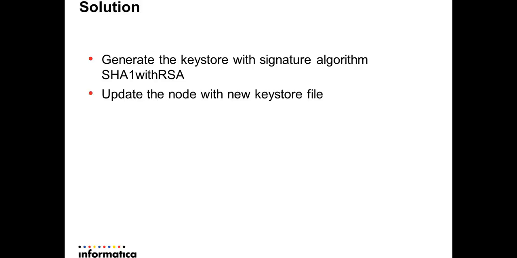URLs using this particular algorithm, RSA, can be accessed even after applying the Microsoft patch. Once we generate the keystore, we have to update the node with the new keystore file.